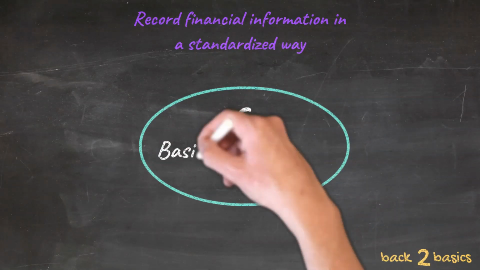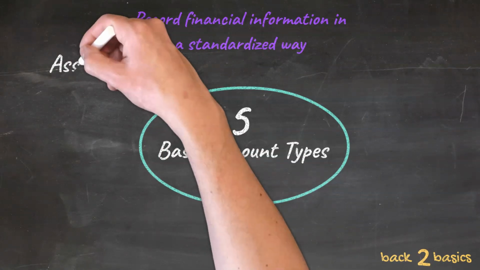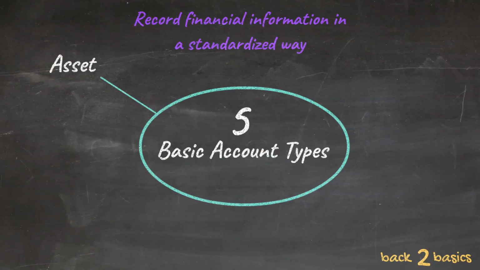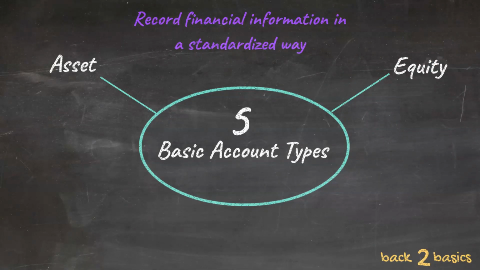And this resulted in 5 basic account types, which are asset accounts, which are items that bring value to the business, equity accounts, such as owner's equity and shareholders' equity. These accounts consist of funds invested into the business and drawings, as well as profits and loss generated by the company.